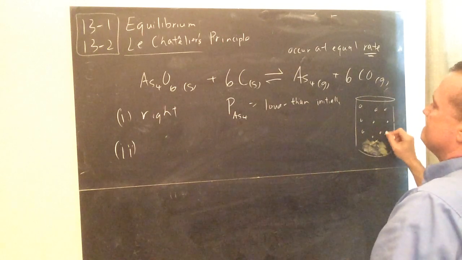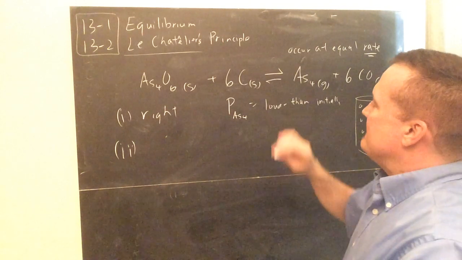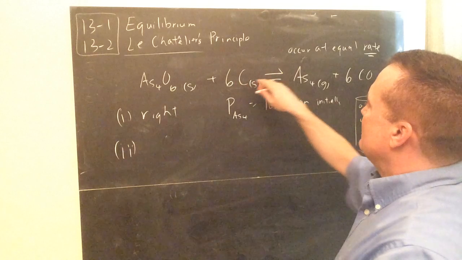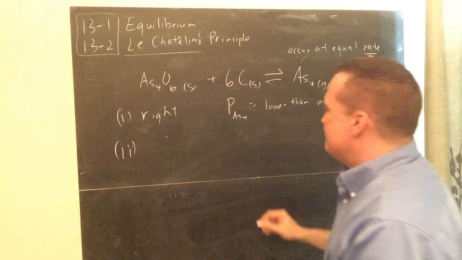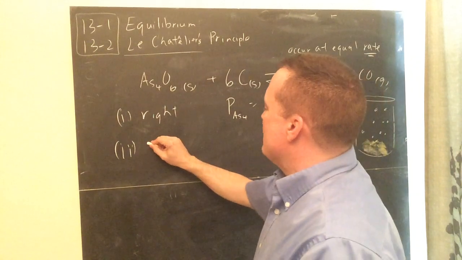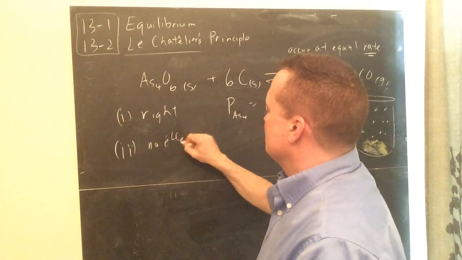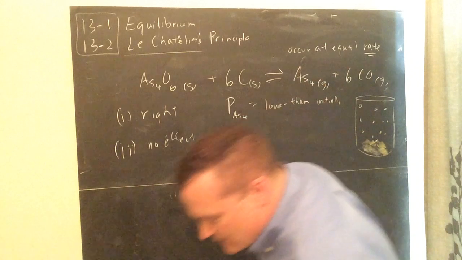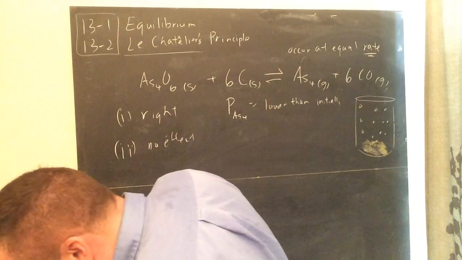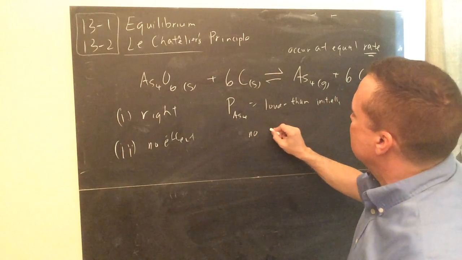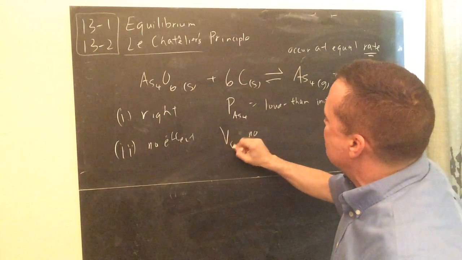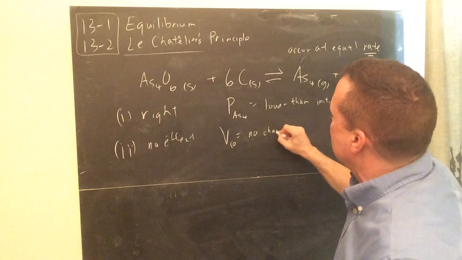By adding this to it, this is not going to be changed. It's going to be no change. That's all. So, no effect. And then, what was the question? How will that affect the volume of carbon monoxide? No change. V of CO, no change.